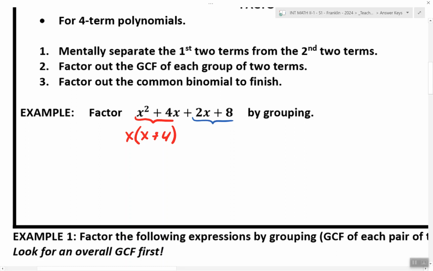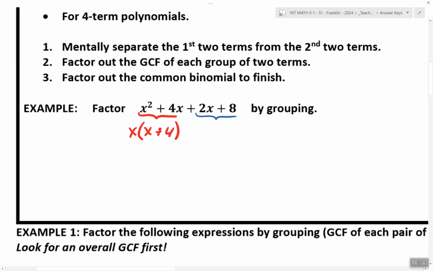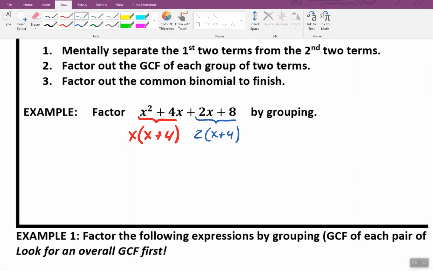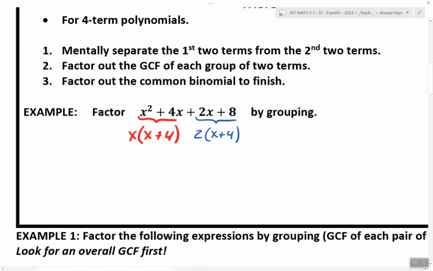So the second set, we have 2x plus 8. We can factor out a 2, and we're left with x plus 4. Now you can see that we have x plus 4 here twice, right? That's our common binomial. So that gets pulled out. That's the first part of the answer.